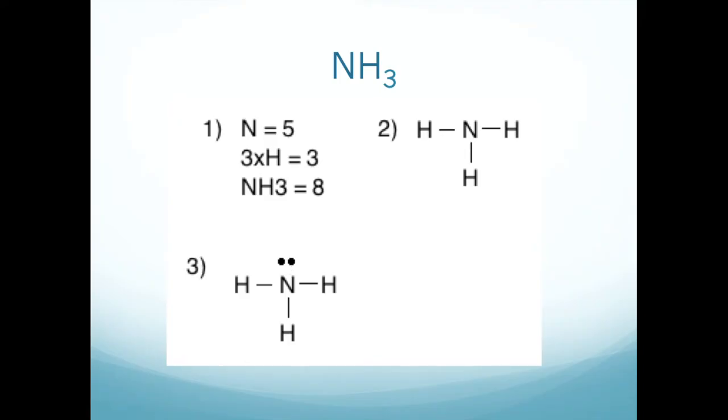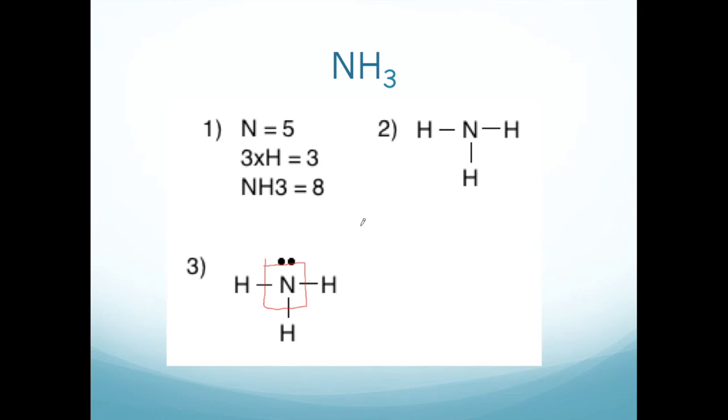I find that it helps to imagine a square around your atom. If you were looking at this nitrogen and you imagined a square around it, there's something on all 4 sides of the square. So that will tell you that it's meeting its octet rule. 2, 4, 6, 8 electrons around that nitrogen.